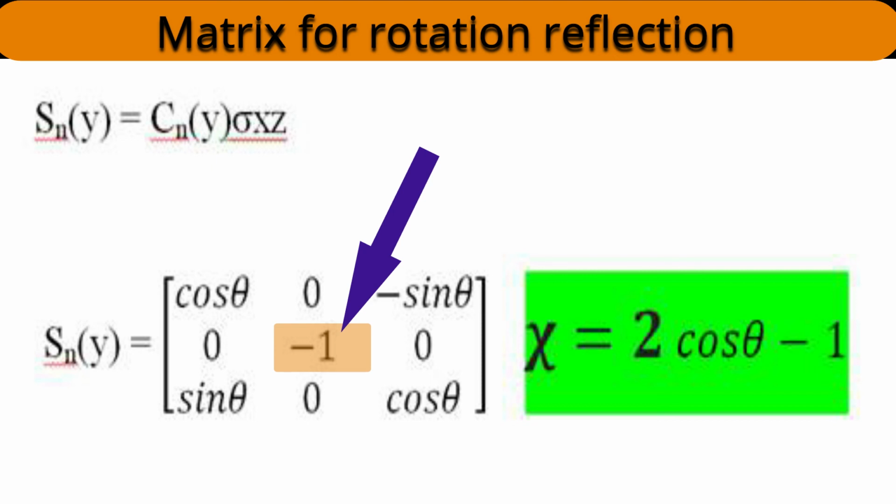Do not follow it for the general case, and that is the reason why, in case of S3 as the improper axis of rotation, we consider S3^1 and S3^5, where the power is odd. We do not consider other operations. We consider those operations where characters are the same.